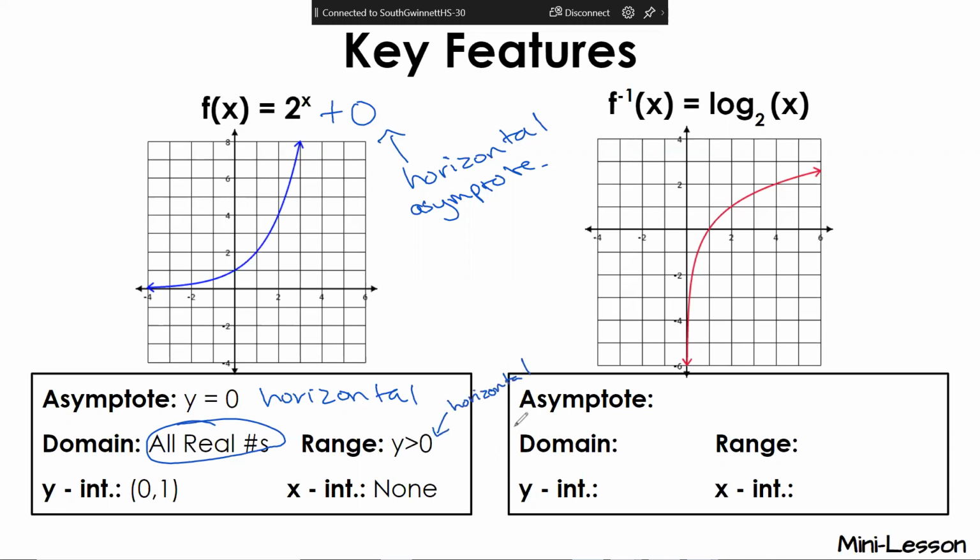And it's either going to be greater than or less than, depending on the equation. But in this case, our range is from 0 to positive infinity. There is always going to be a y-intercept on this one. There may not always be an x-intercept. Okay.